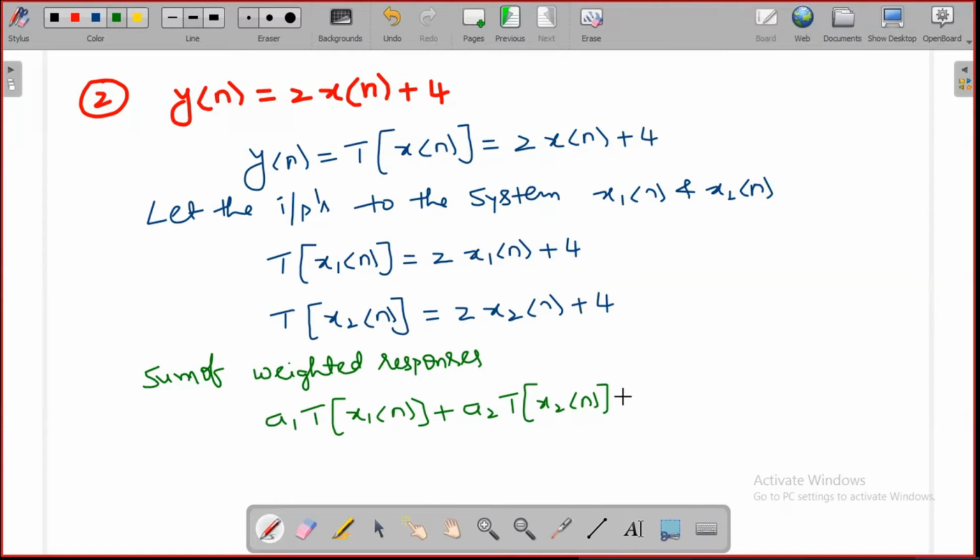You know T of x1 of n and T of x2 of n, just simply substitute in this. So you will get a1 into 2 into x1 of n plus 4, first one, plus a2 into T of x2 of n, which is 2 into x2 of n plus 4.